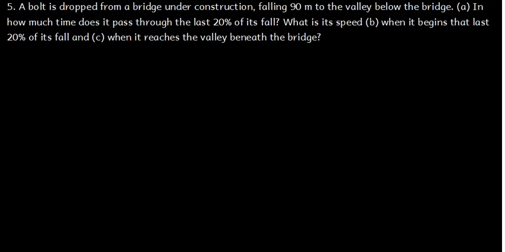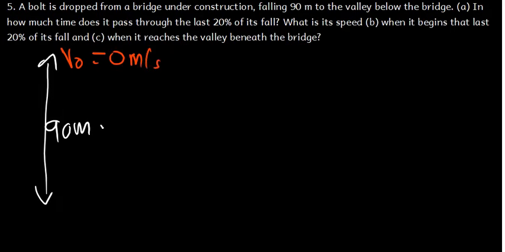Now we can come up with a free body diagram. We know that we have got the distance, which is 90 meters. When it was being dropped, the initial velocity is 0 meters per second. It is impossible for us to directly work with the last 20%, but we can find the first 80%.